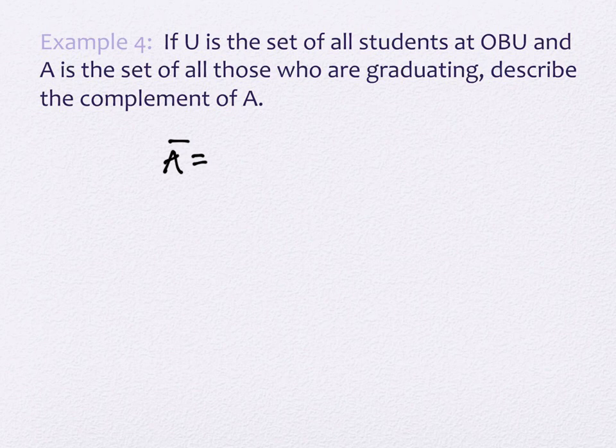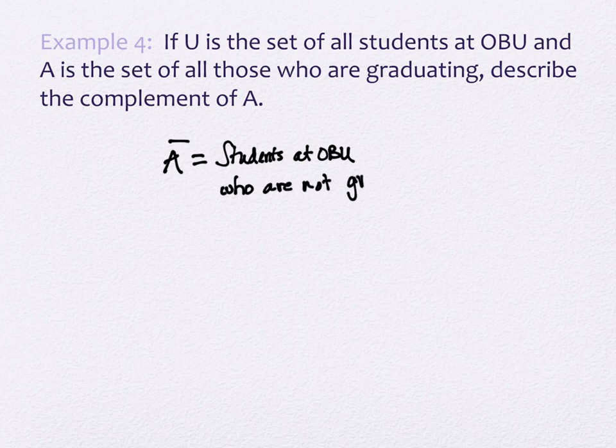Don't overthink this. Those who aren't graduating. We do probably need to specify still that we're talking about the students at OBU. So these are the students at OBU who are not graduating.